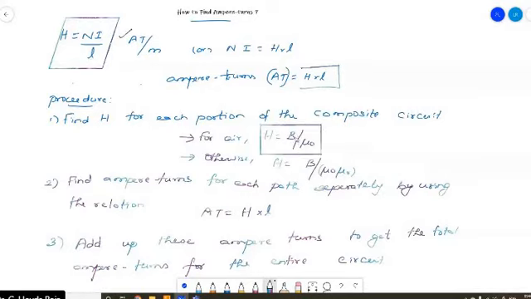From this you will be able to find H, and for air it is mu equal to mu naught, whereas if you have the other materials as I had shown in the previous page, you will have H is equal to B divided by mu naught into mu R.